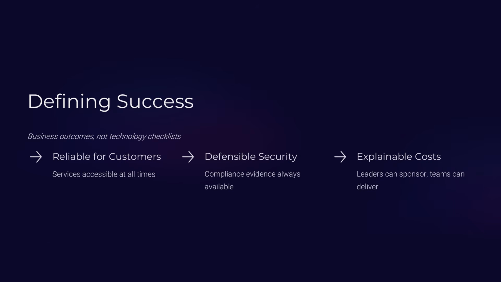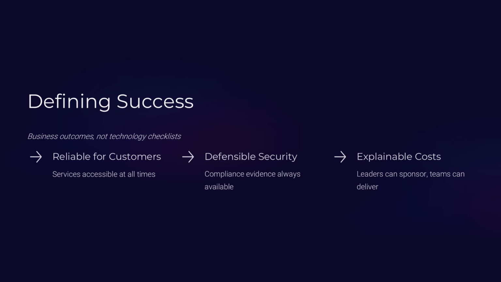With the scenario established, you now define success in business terms, so architecture decisions stay aligned. Success means customers can access services reliably, agents can support customers efficiently, and leadership can trust reporting. Success also means security controls are defensible, compliance evidence is available, and costs are explainable.